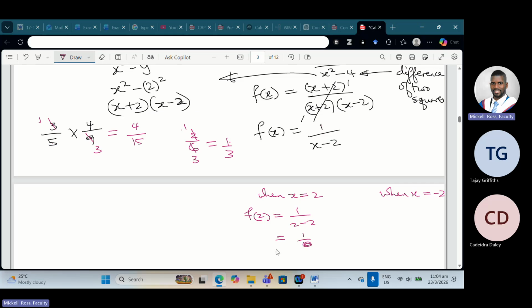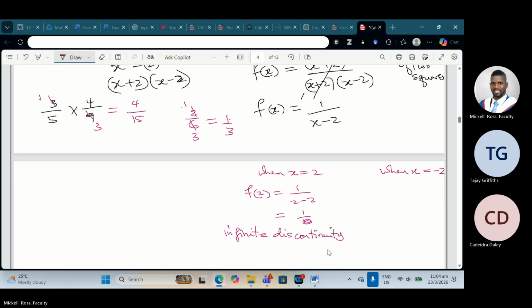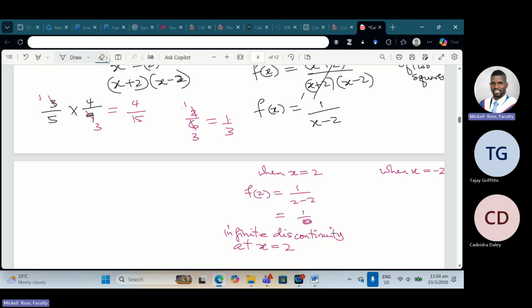So this is still going to be undefined. So this is an infinite discontinuity. So when x is equal to 2, it is still undefined. So it is what we call an infinite discontinuity, because we know we can't divide by 0.